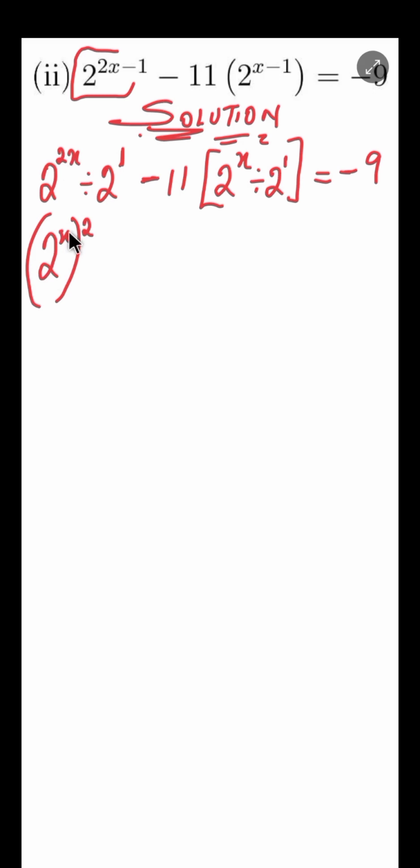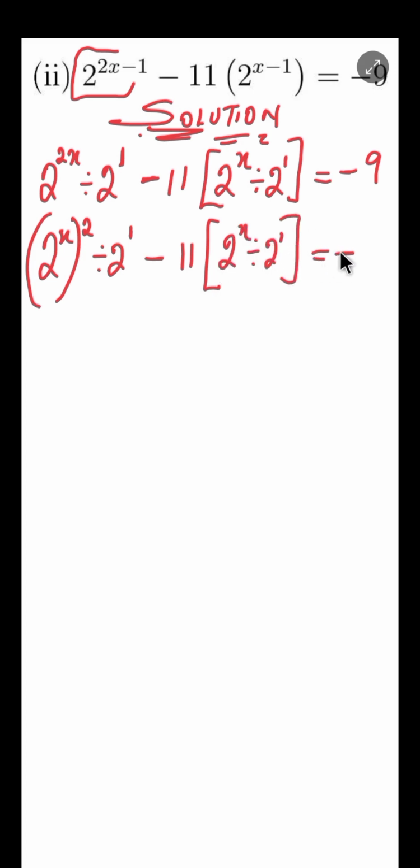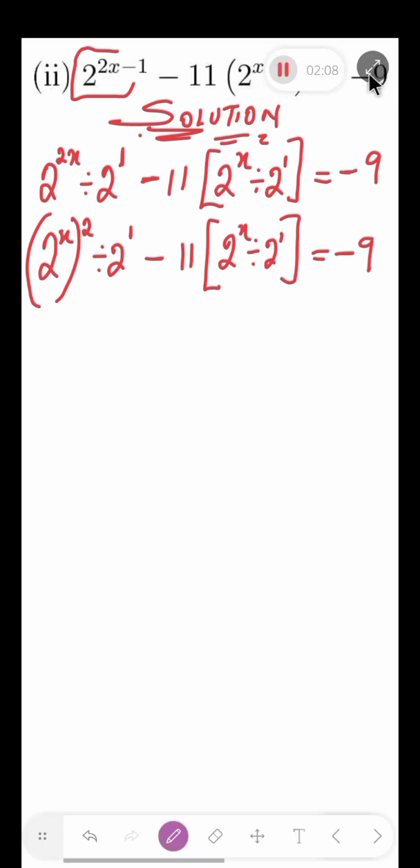So 2 raised to the power of x all squared is still equivalent to 2 raised to the power of 2x. Is that clear? Then the next thing is to divide it by 2 raised to the power of 1, minus 11 times 2 raised to the power of x divided by 2 raised to the power of 1, equals minus 9.